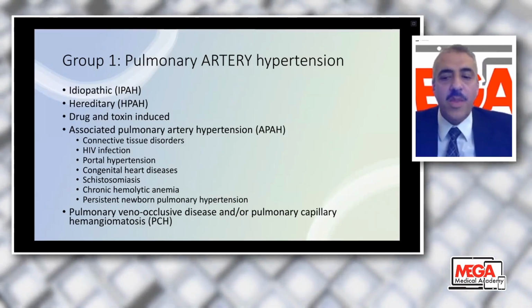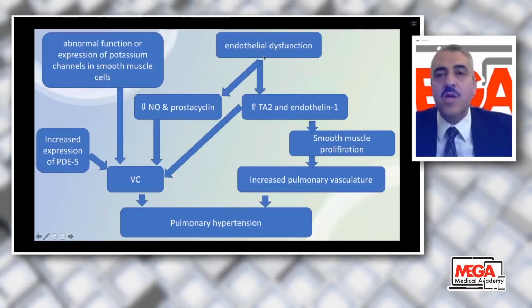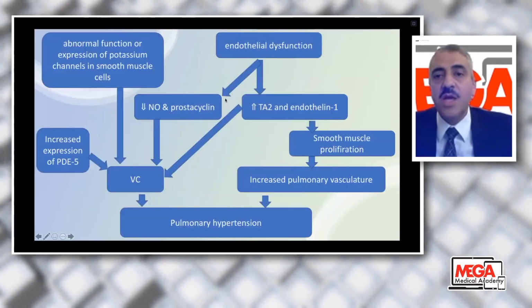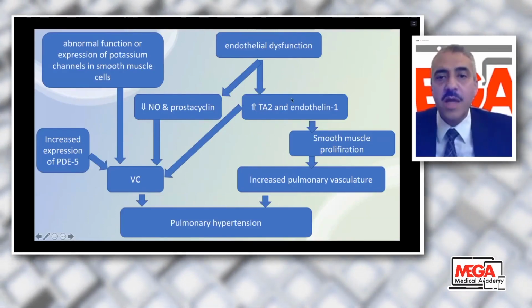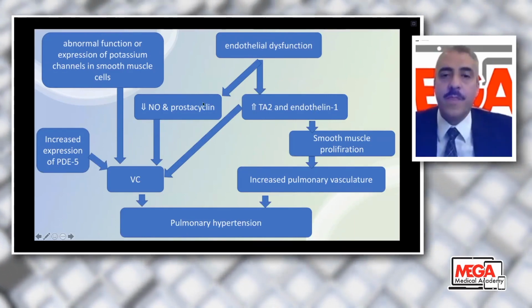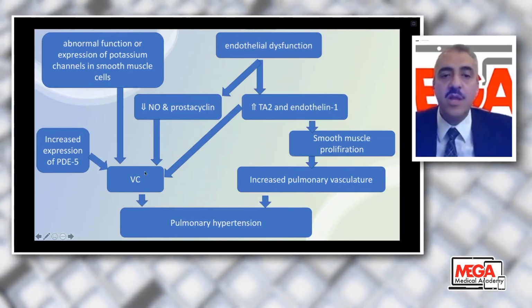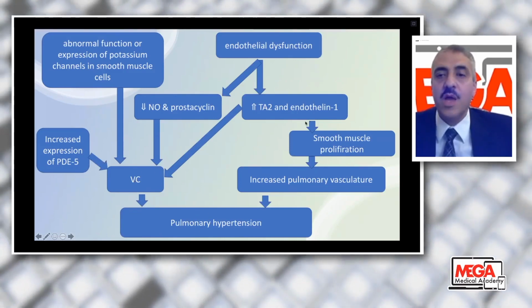The pathophysiology starts here, as you can see, with endothelial dysfunction, as we said. Endothelial dysfunction ends with imbalance between the vasodilators, nitric oxide and prostacyclin, and the vasoconstrictors, thromboxane A2 and endothelin 1. This imbalance ends with vasoconstriction and pulmonary hypertension.